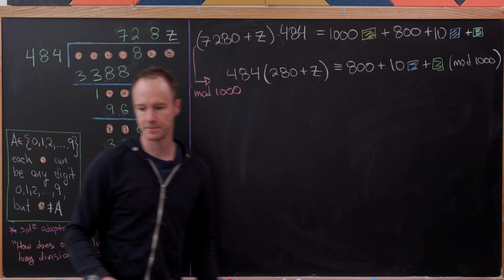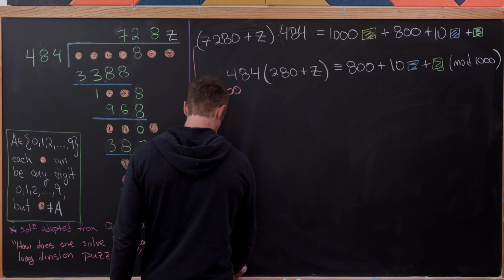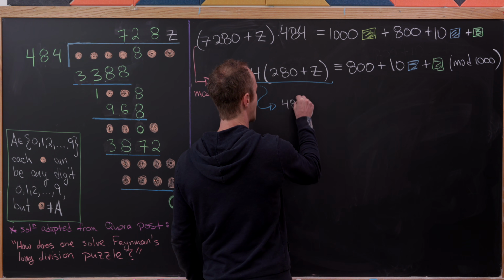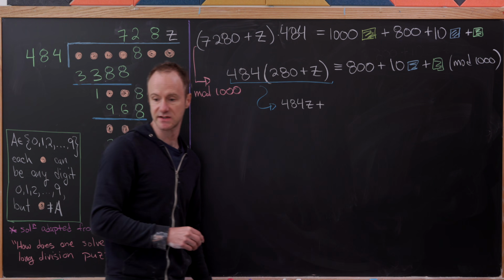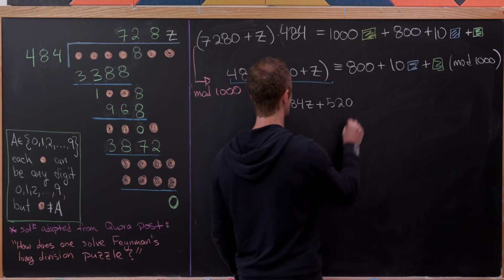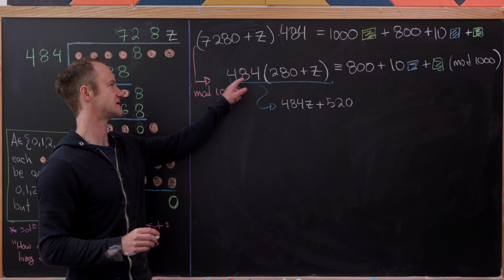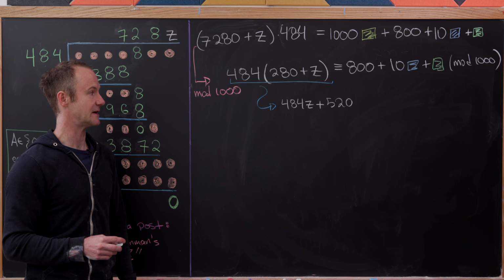Okay, nice. But now let's expand out this left-hand side. And doing that will give us 484 times z plus 520. And you might say, well, how's that 520? That's because I reduced mod 1000 after multiplying that 484 to 280.